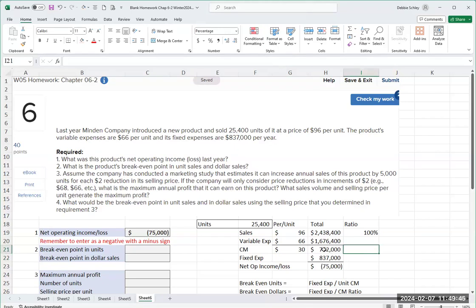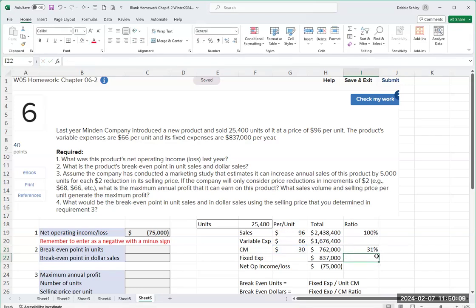And remember, I can do that by either dividing total contribution margin by total sales or contribution margin per unit divided by sales, because this is a ratio. Either one is going to give you the right answer. So I'm going to take contribution margin per unit divided by selling price per unit.